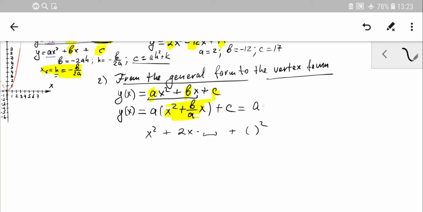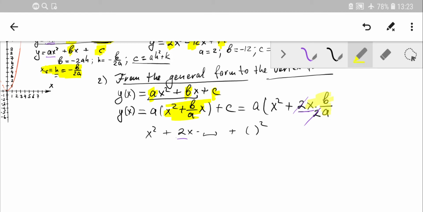So I use the pattern 2x, but because I have b over a times x, I need to leave b over a, but together with 2. You know why? Because I need to come back to the original b over a times x, from where I have 2x. That's artificial, and then I need to divide by 2 so that if I cancel 2 and 2, you see that I will be left with x times b over a. That's exactly what I have.